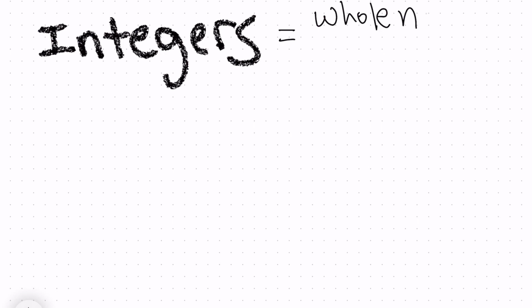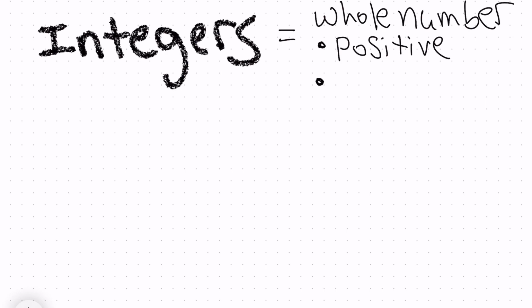In this lesson, we'll begin by understanding integers, which are whole numbers. They include positive numbers and negative numbers, as well as 0.